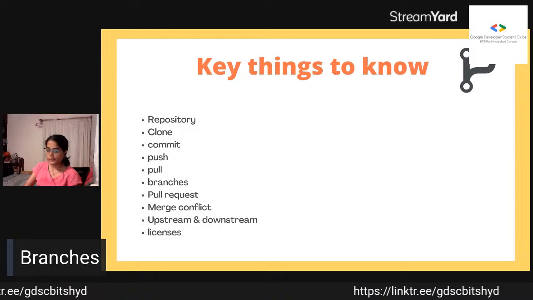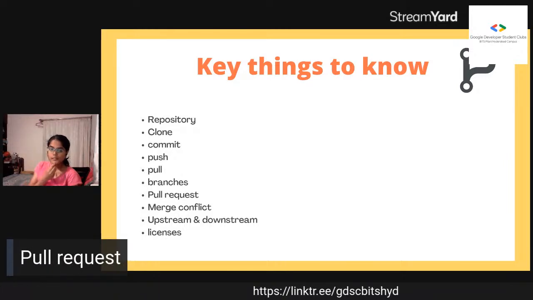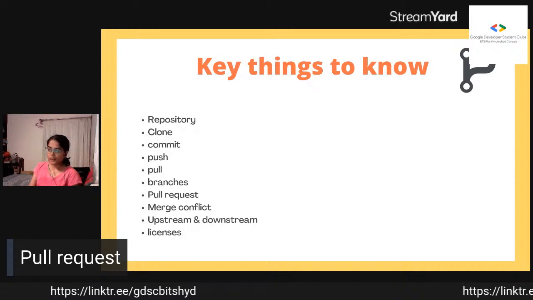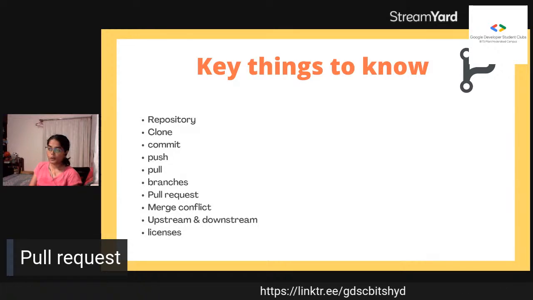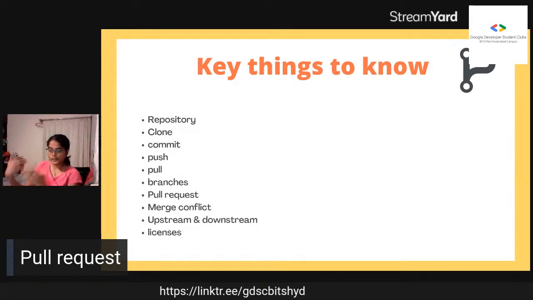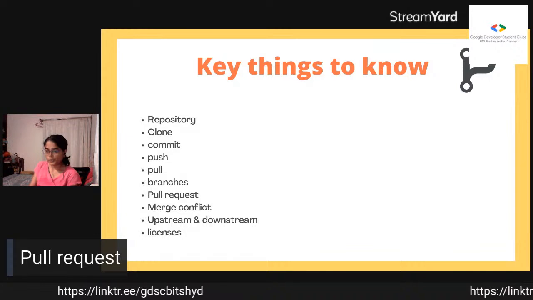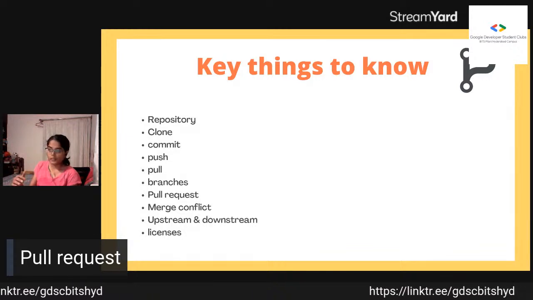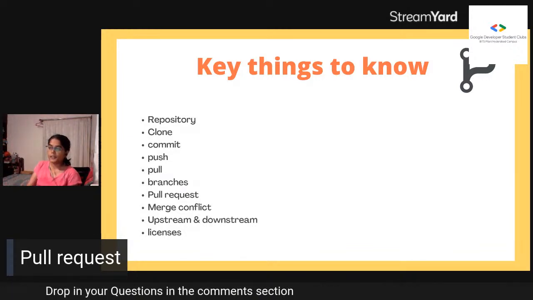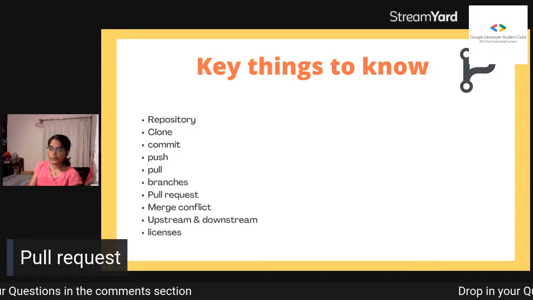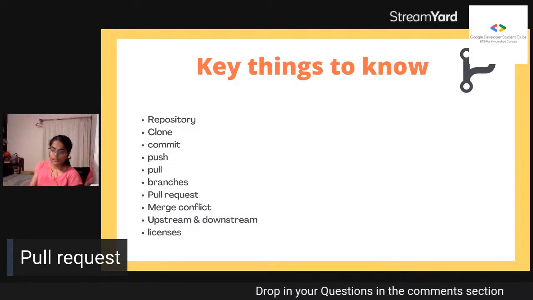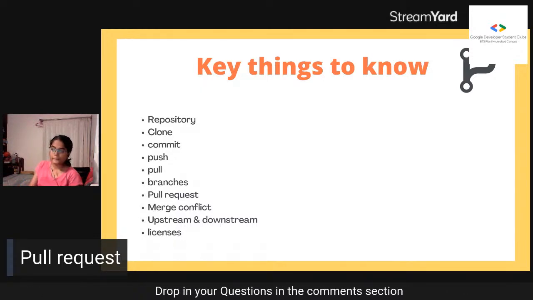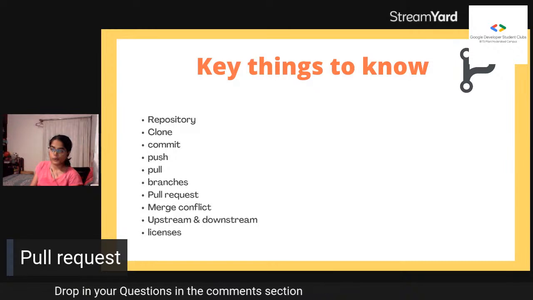And what's a pull request? Let me explain it with an analogy. There's a project that exists, but you're not allowed to directly commit to it because you don't own it. So how do you send your code to it?